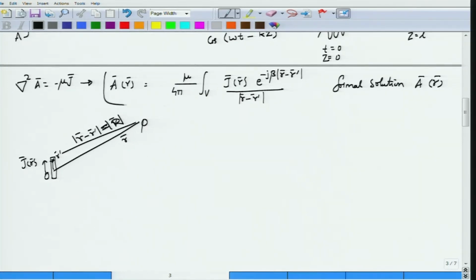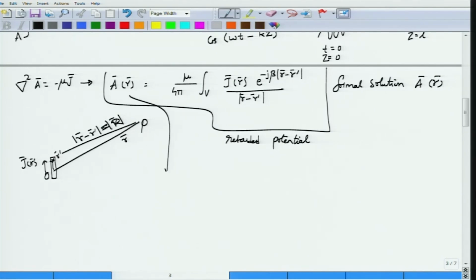So this formal solution for A of r is what we call the retarded potential, retarded vector potential, but that vector thing is so understood that we simply call this retarded potential, and all our antenna problems can be boiled down to finding A. From A you find out H at that particular point and also find out the electric field at that particular point.